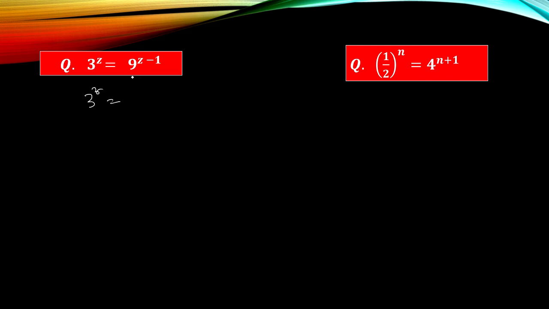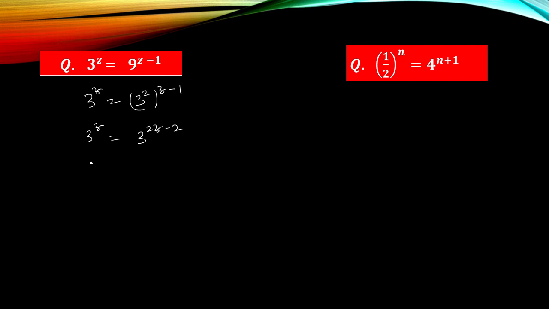In the RHS the base is 9, so we write 9 as 3 square, raised to z minus 1. Now applying the law, we can write 3 raised to 2z minus 2.